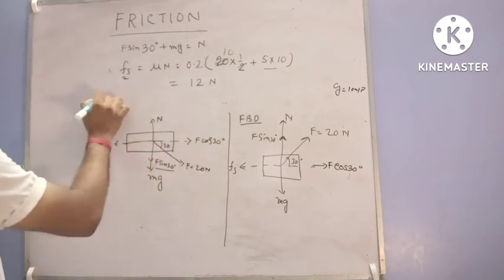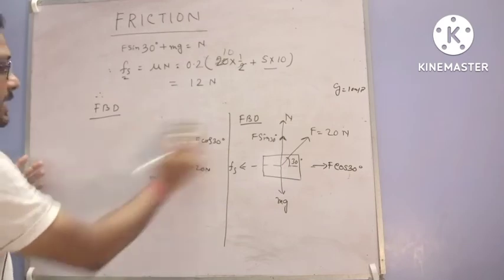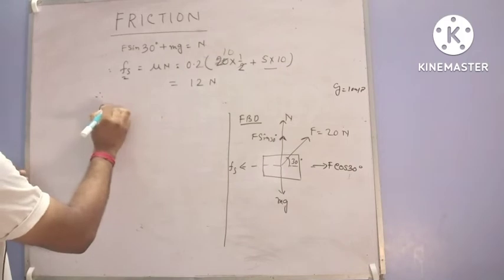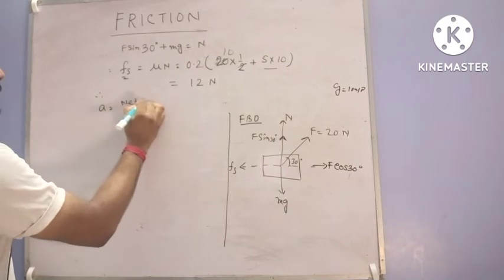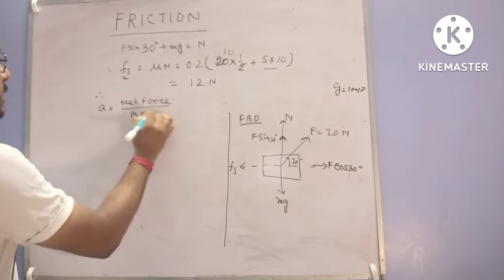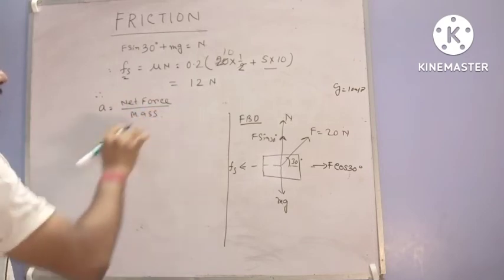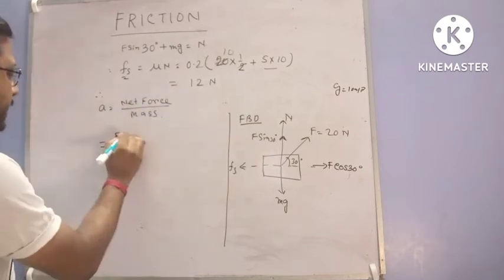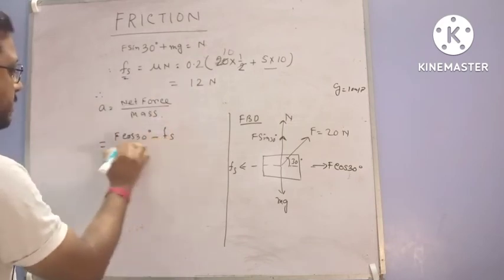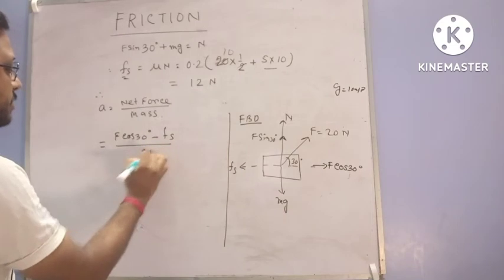Now, what is the net force? What is the acceleration and net force? Acceleration a equals net force divided by mass. What is the net force? F cos 30 minus Fs, divided by m, the mass of the block.